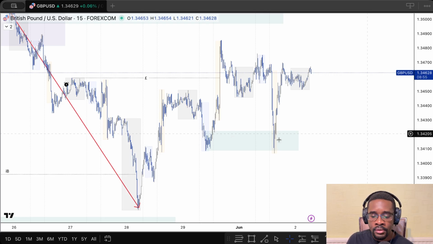Okay, and then this is where we had our pullback, swept this area. This will be the low, this will be the high. We've taken liquidity of this area, and then we've come up into these areas. So this could be our weak sub-internal high that we are looking to target.